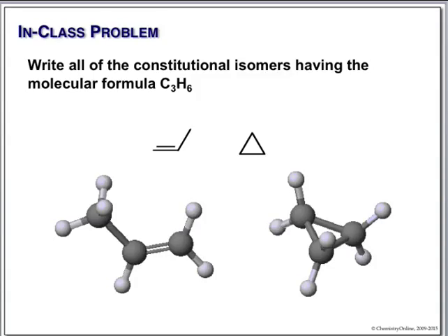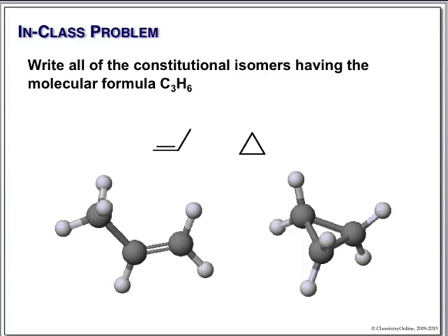We can actually take these 3 carbons, wrap them in a triangle. This is called cyclopropane. Very high energy molecule because we're bending these bonds way back. And here we are making a carbon-carbon double bond. Again, this is 3 carbons, 1, 2, 3, 4, 5, 6 hydrogens.